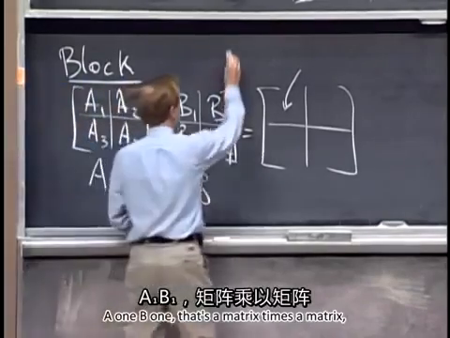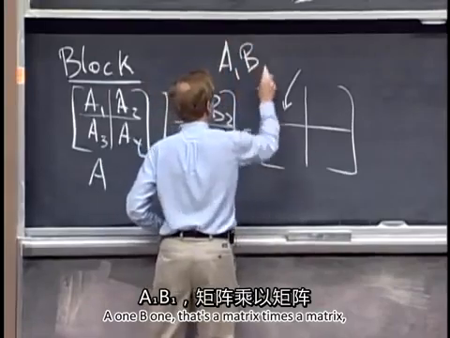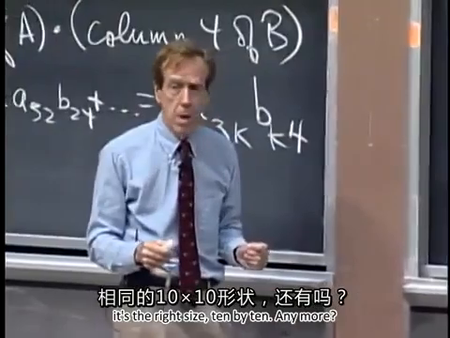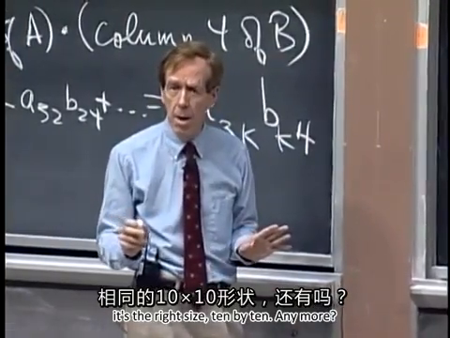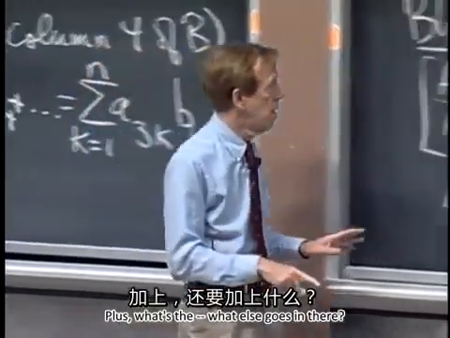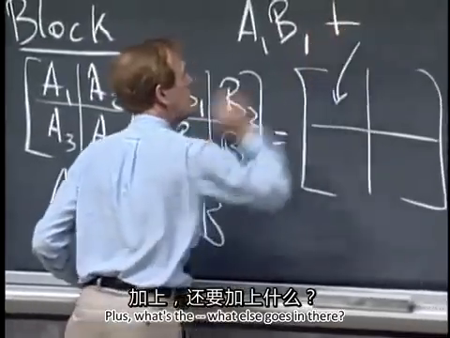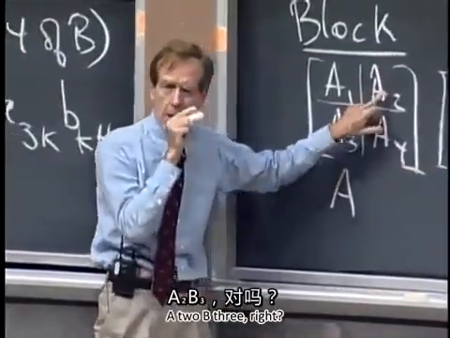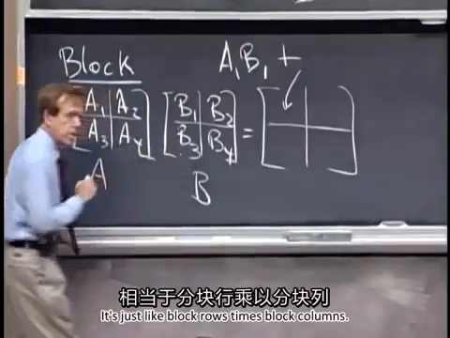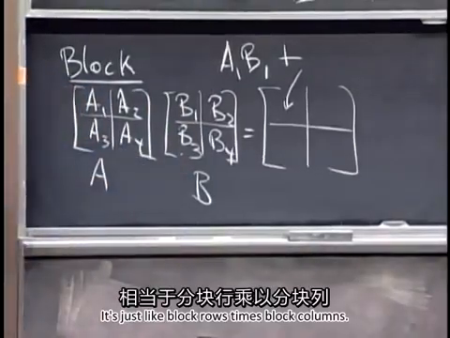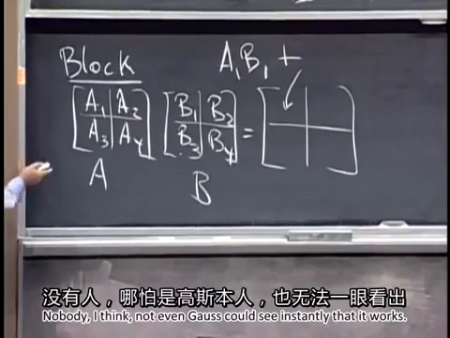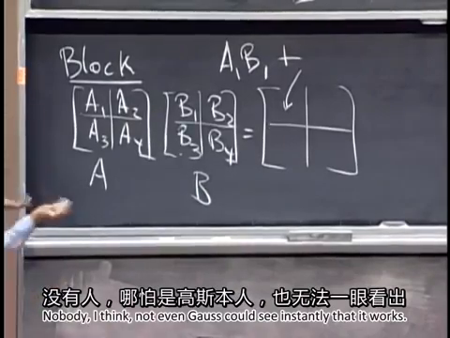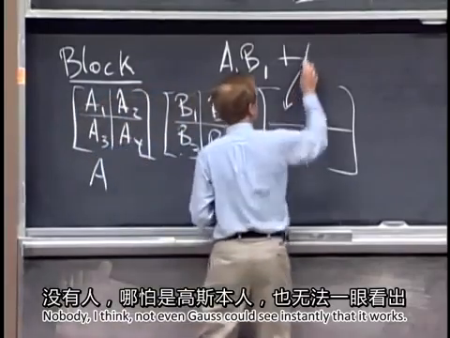A1, B1. That's a matrix times a matrix. It's the right size, 10 by 10. Any more? Plus, what else goes in there? A2, B3, right? It's just like block rows times block columns. Nobody, I think, not even Gauss, could see instantly that it works.